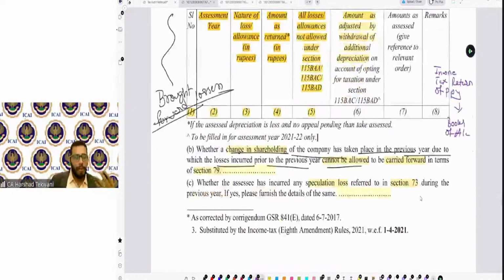Is there anything which cannot be allowed because of the change in shareholding? Now change in shareholding will happen in current year, and for that you can check for MCA records. Okay. And accordingly, you need to check for the conditions which are there in section 79.